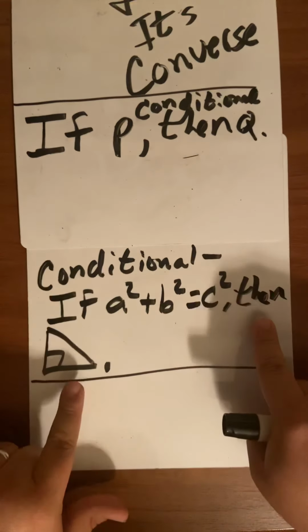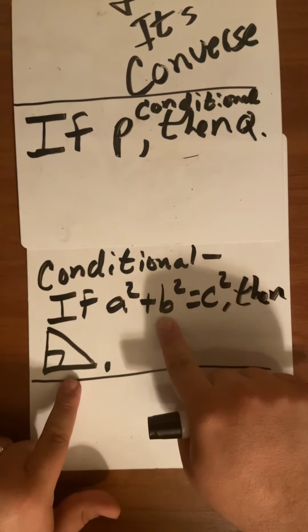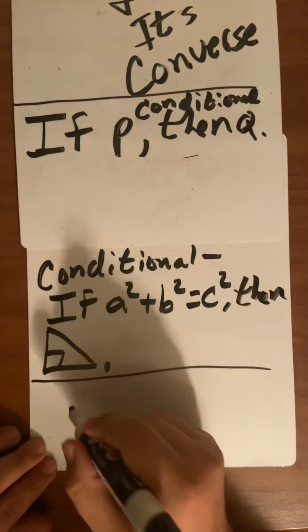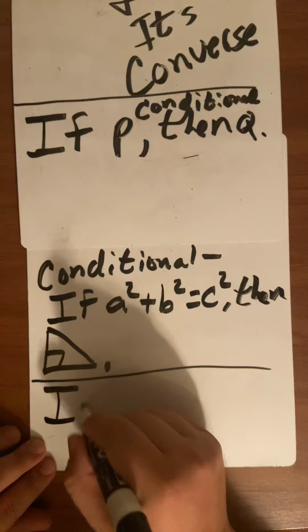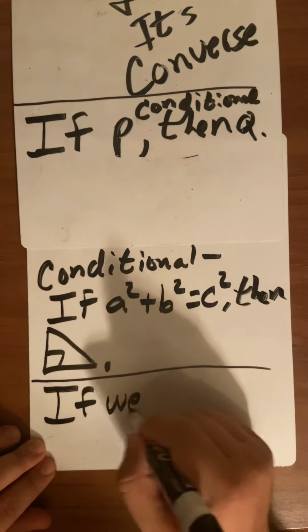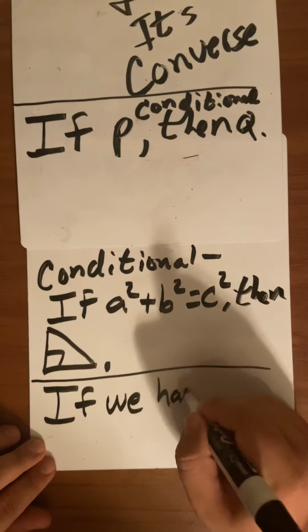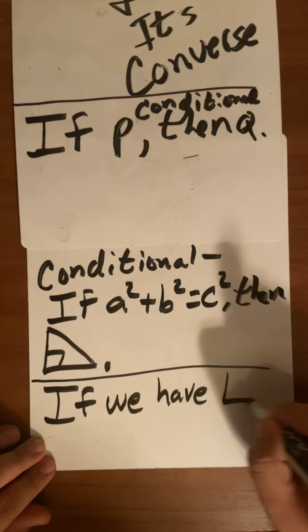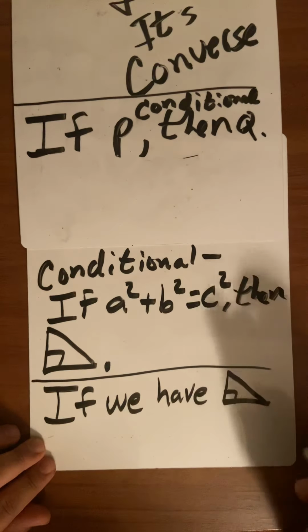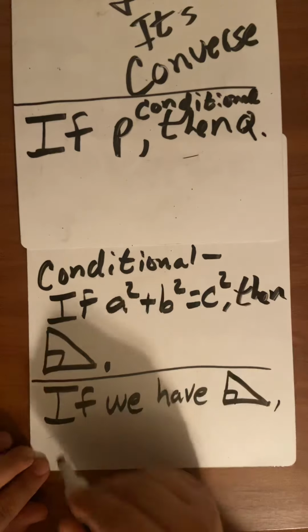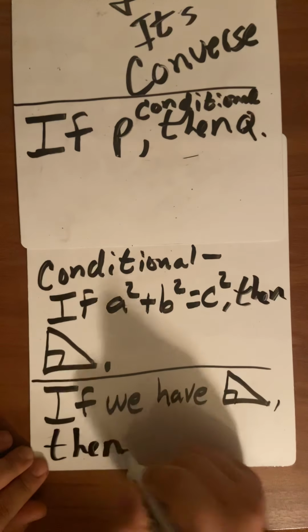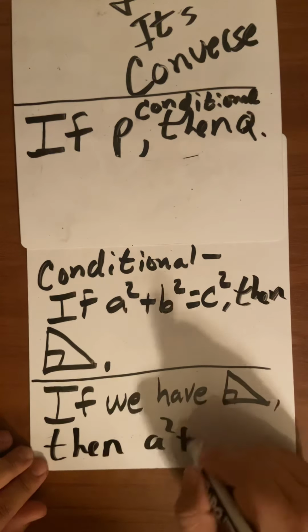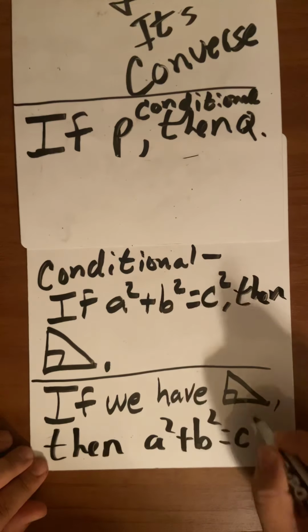We're basically going to flip these two things. We're just going to flip them in the same type of sentence. So if we have a right triangle, then a squared plus b squared equals c squared.